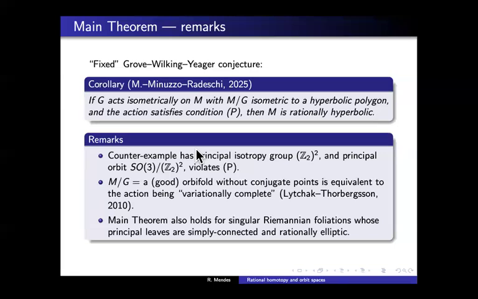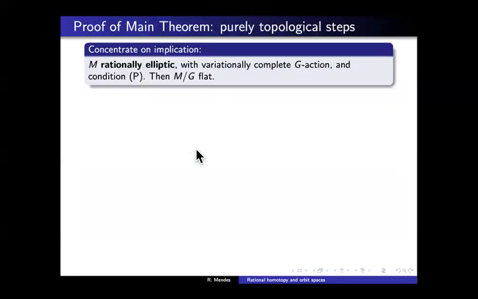For example, saying that they're simply connected and rationally elliptic. Orbits are always rationally elliptic, but in this more general situation you have to add that as a hypothesis. Then you get the same theorem. But this is just a remark. I'm going to just talk about group actions for simplicity.